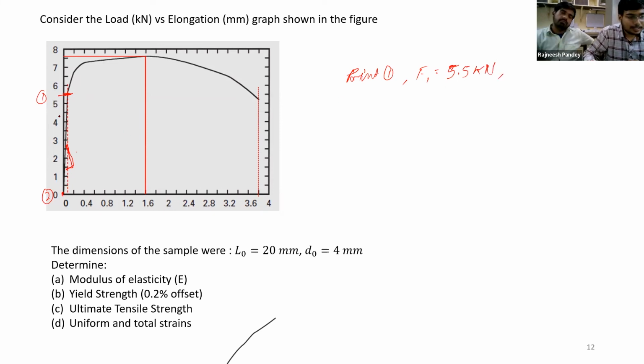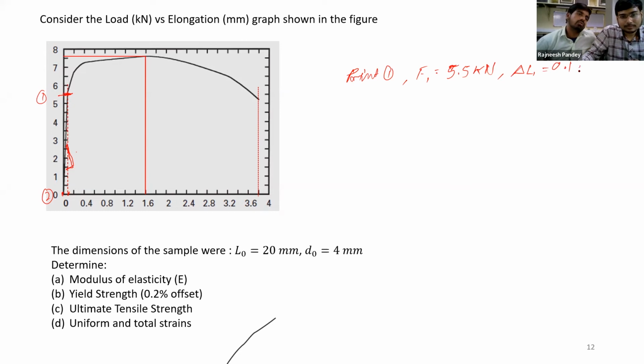And for elongation, I have already dropped a perpendicular here to get an approximate value from the curve. Actually, you can use graph papers or some software to get exact values from these scales. So this delta L1 comes out to be approximately 0.1.